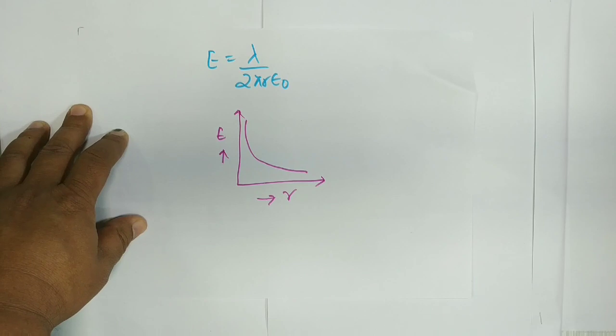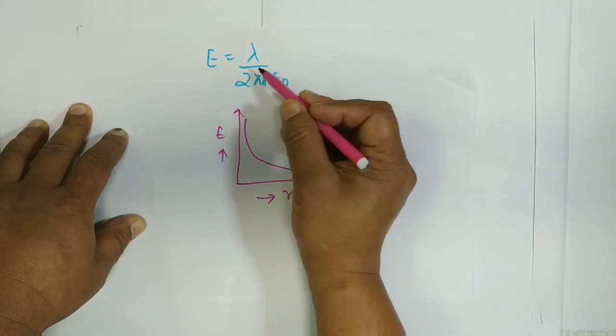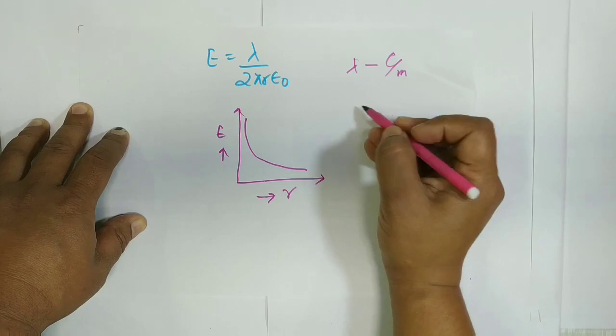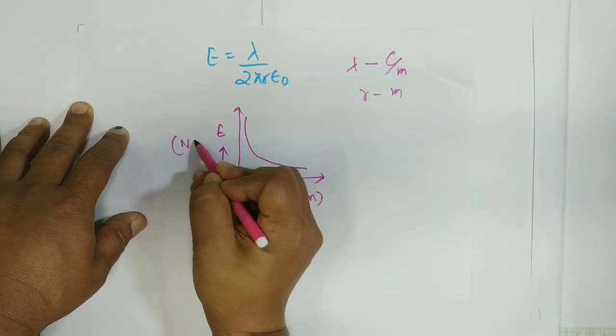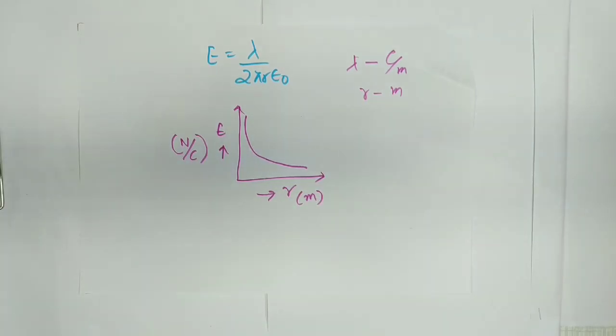So E is inversely proportional to R. Remember, lambda is in coulomb per meter, R is in meter, and E is in Newton per coulomb.